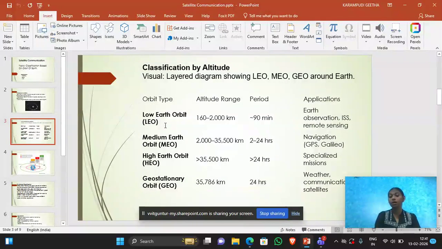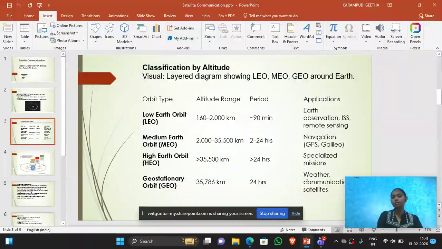LEO means low latency compared to MEO and GEO, and MEO has high latency, and GEO also has high latency. Mostly we see LEO, MEO, and GEO, and these are the three satellite orbits we have to see.